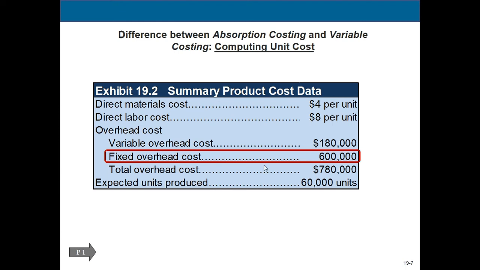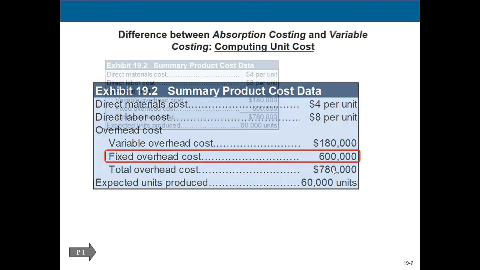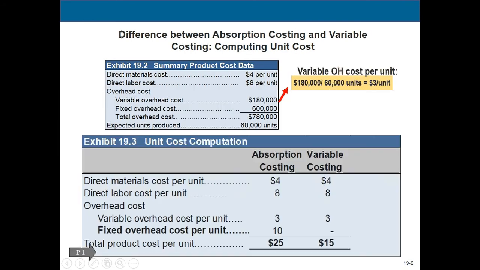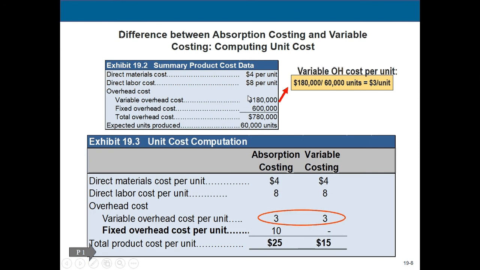So our total overhead cost is $780,000. Before, under absorption costing, we would take the 8 times 60,000, and then we would add in all $780,000 in order to figure out what our product cost was. Here again, we can see that the variable piece now is $3 per unit, right? If we take the 180,000 divided by 60,000, that's $3 per unit.